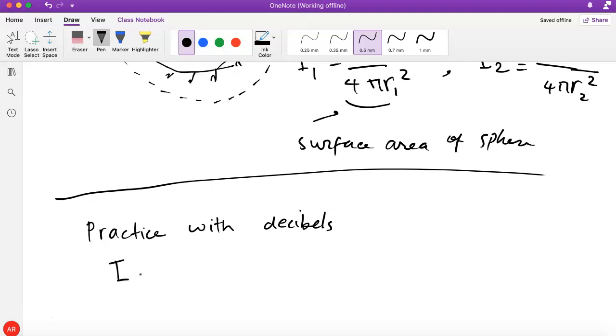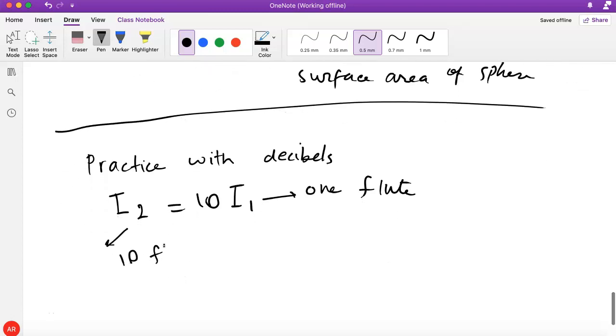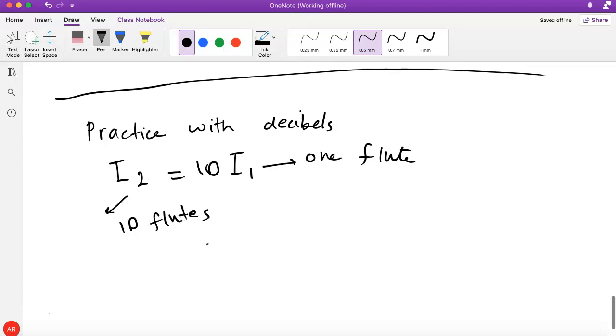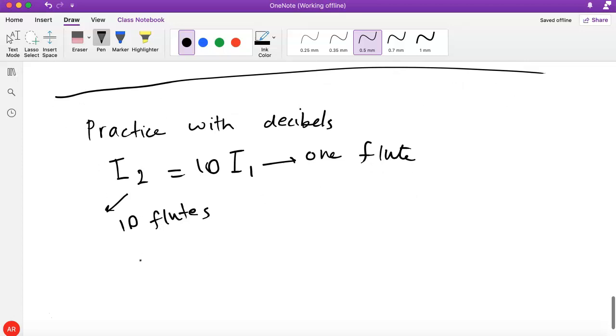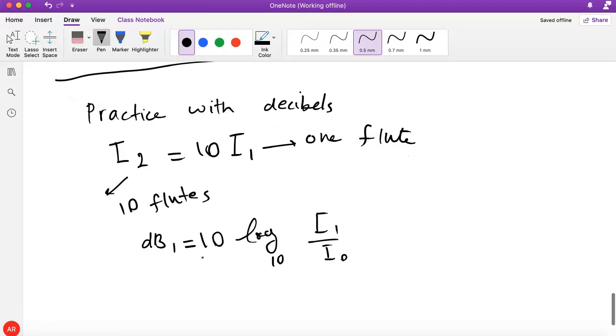So let's say I2 is 10 times I1. I1 is 1 flute, I2 is 10 flutes. So that's what happens to the intensity itself. Okay, so dB1, that intensity in decibels, will be written as 10 times log base 10 of I1 divided by I naught. I naught is the threshold of hearing.